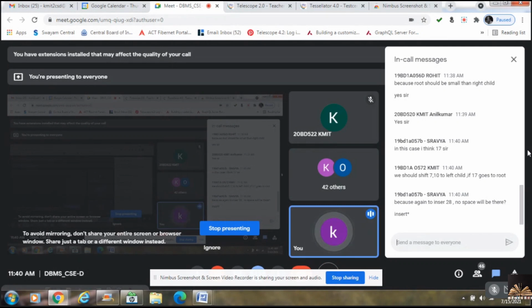If no space is there, I think we can split the node again. Any issues with that?